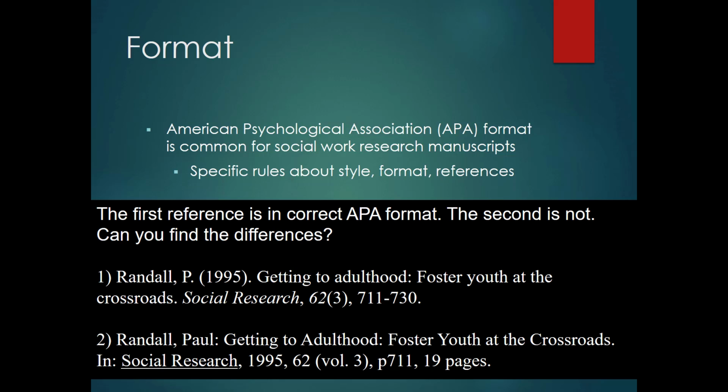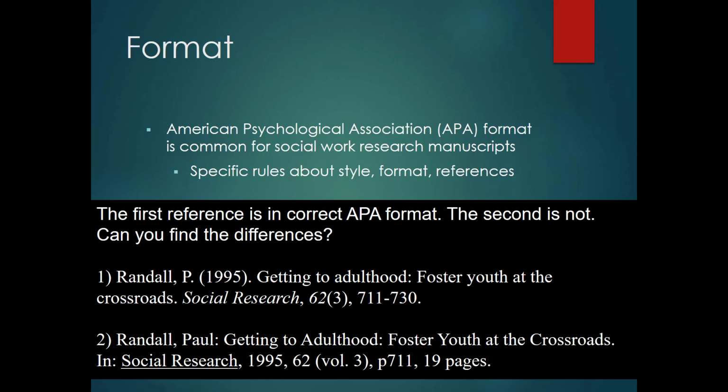Also, their first name is spelled out in the second one when you should only use the initial. Also, the title is capitalized, so only the first letter of the first word should be capitalized. Let's see what else. Also, the journal article should be italicized.